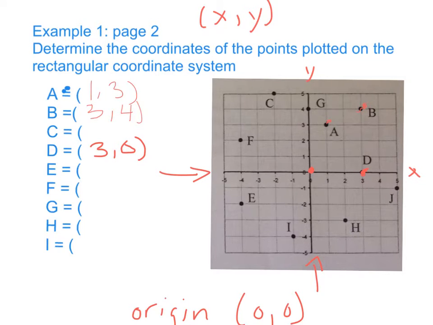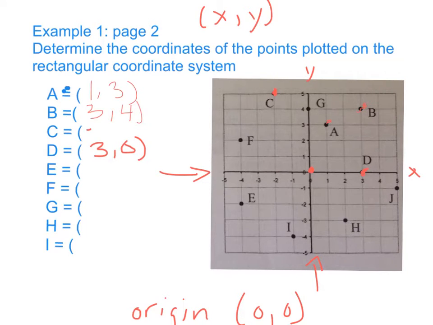So let's take a look at point C. Here's point C up here. What are the coordinates for point C? Well, the first thing we have to do is go and find our x value. Our x value is going to be down here, and our x value right there you can see is -2.